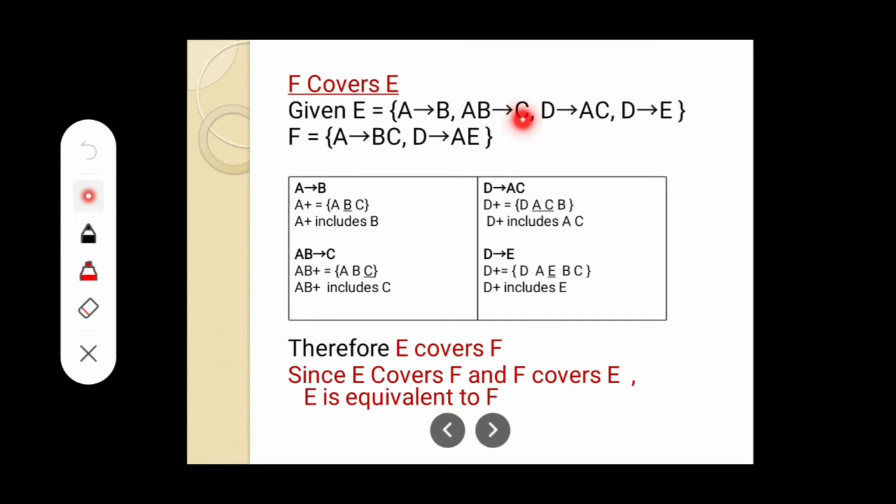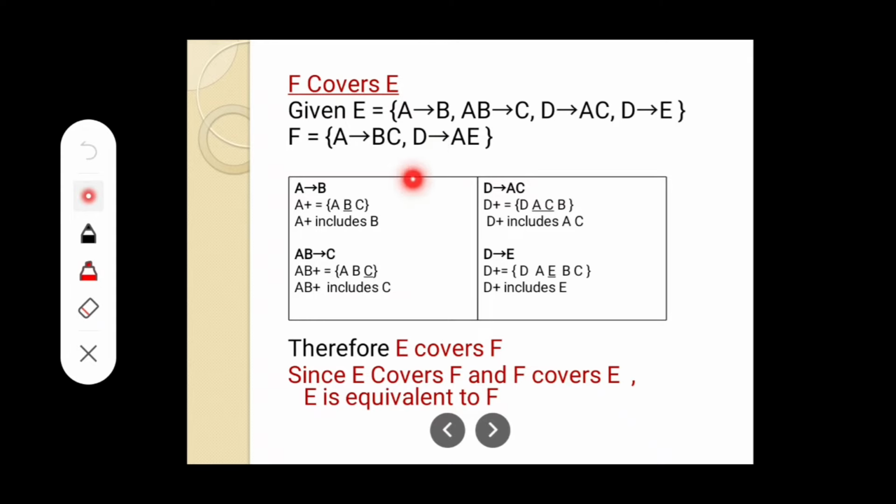Next we take AB determines C and find AB closure. The first value will be AB. Then anything starting with A? Yes, A determines BC, so we write BC; B is already here, so we just write C. Anything starting with D?